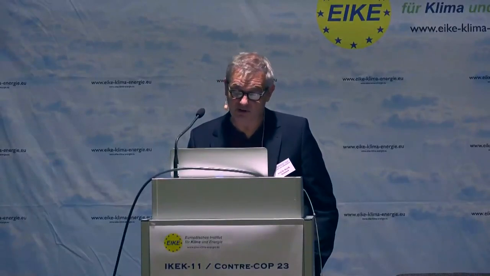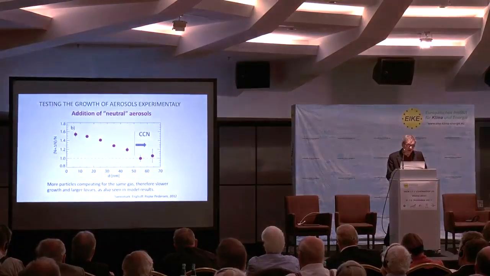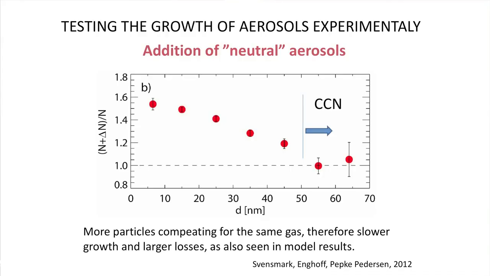One of the first things we did, instead of using climate models, was to try to test it experimentally. So in our chamber, we injected neutral, very small aerosols. So we increased the number by 30 or 40%.